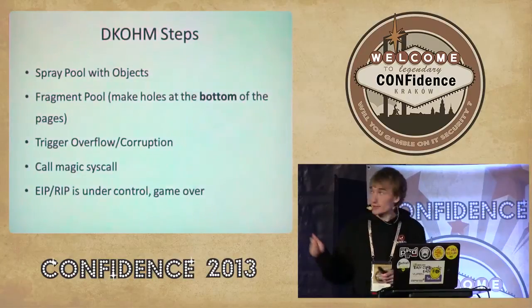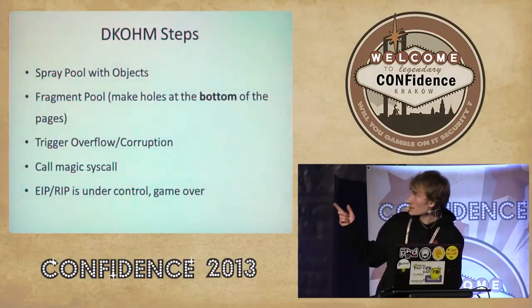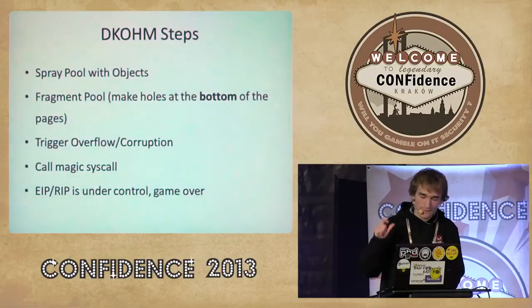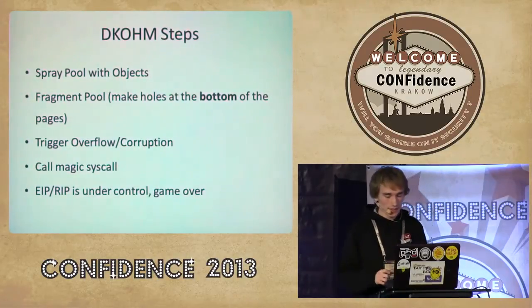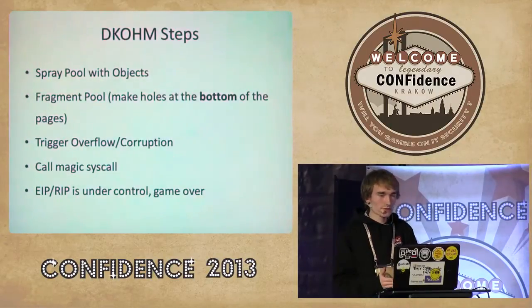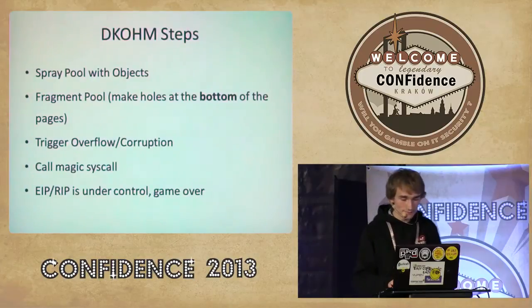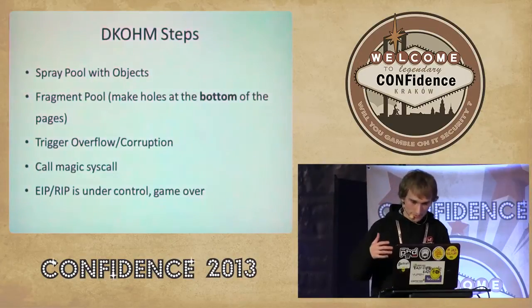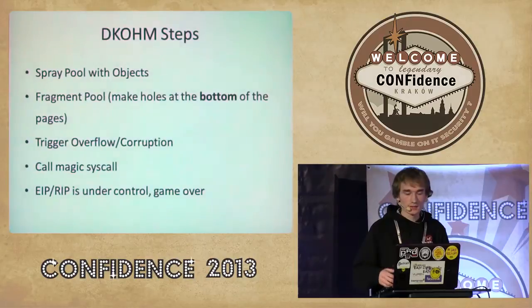As I showed, the first chunk on the page has a previous size equal to 0, so basically there's no chunk behind. Next, you trigger the overflow, so smash the object header, call the special system call, and gain execution control with kernel privilege.